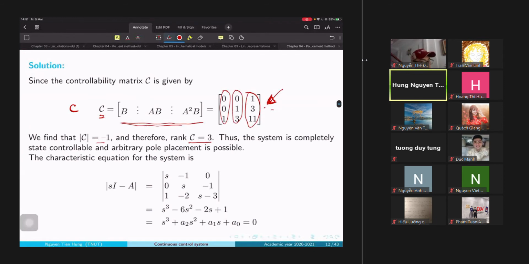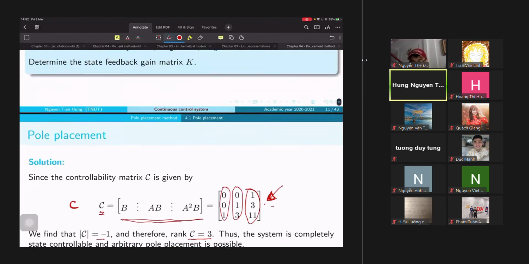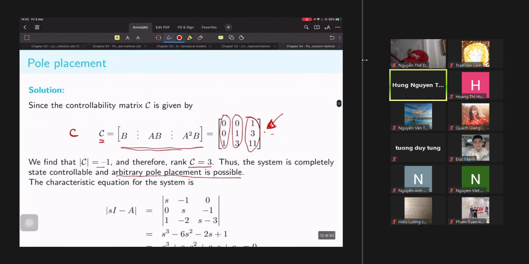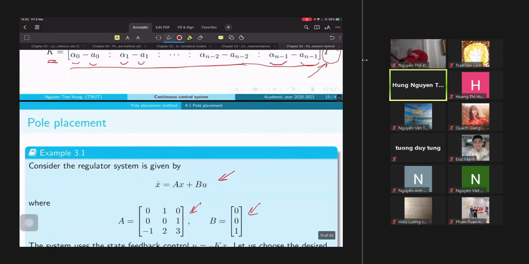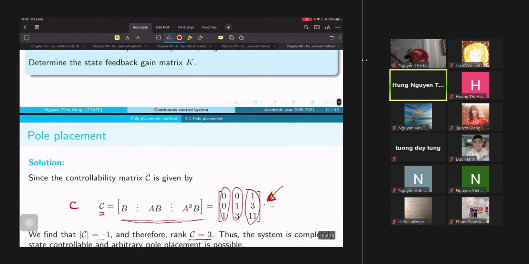So the system is completely state controllable, and arbitrary pole placement is possible, meaning that we can put the poles in any location we want. And now, maybe I have to mark this as step number 1.